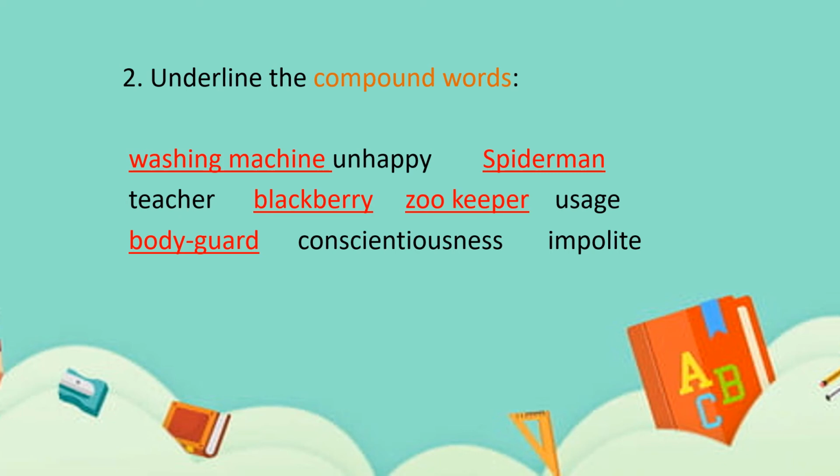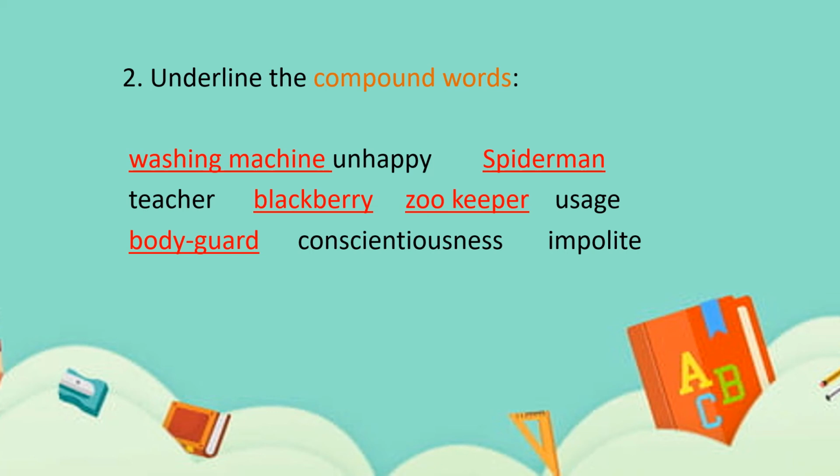The word zookeeper, sometimes you confuse because of the two letters er at the word keeper, but of course they are together, so immediately you will know that they are a compound. Usage is a word which has a suffix age with use.